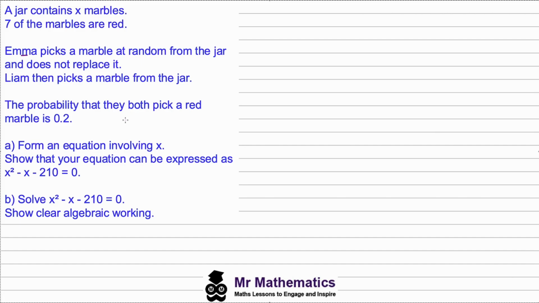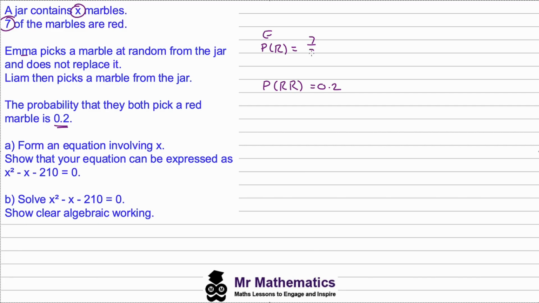Okay, so welcome back if you had a go. So we're told that the probability that they both pick a red marble is 0.2. So we want the probability of a red followed by a red equaling 0.2. So if we begin with Emma, the probability of her picking a red would be the 7 out of X in total.